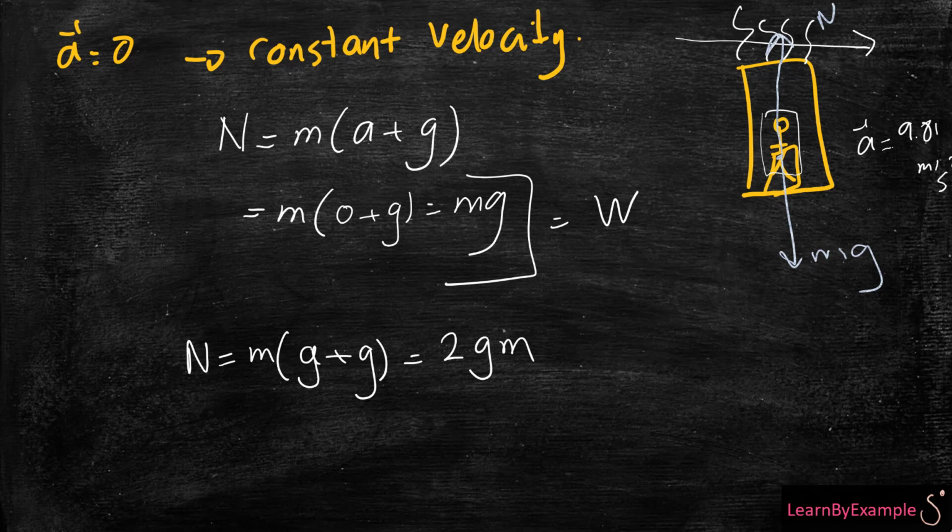So my normal force would actually be higher here. If that happens, it will look as if I'm going to be lifted off the ground and going upwards. So the force is going to be enough to lift me up and have me free falling with the elevator.